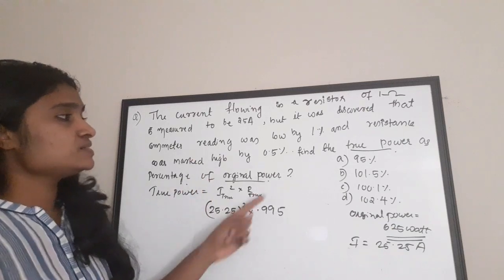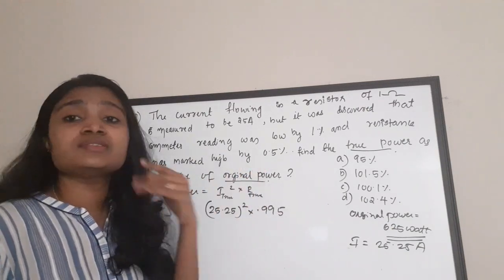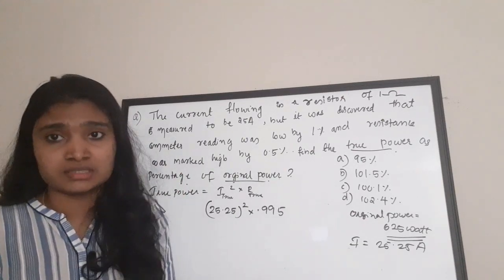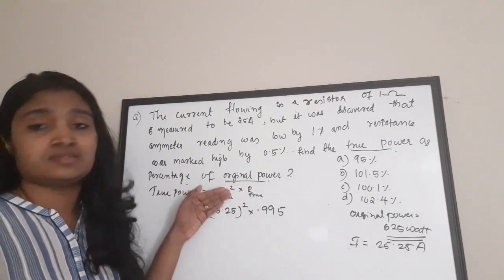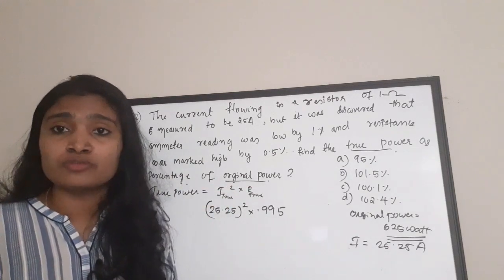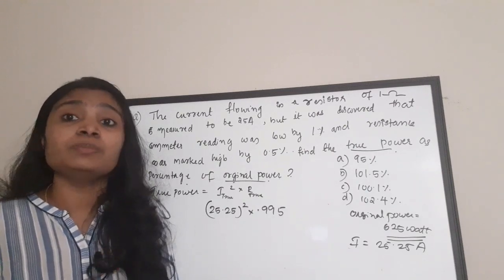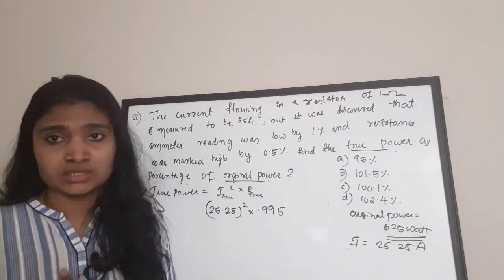Also, the resistance value is marked wrong by 0.5%, so you have to adjust that percentage to get the true value of your resistance. Now we can find the true value of power, because we calculated the power earlier with wrong values.